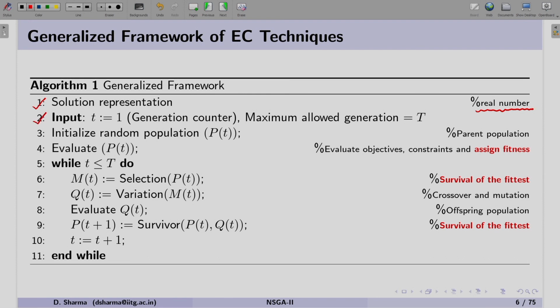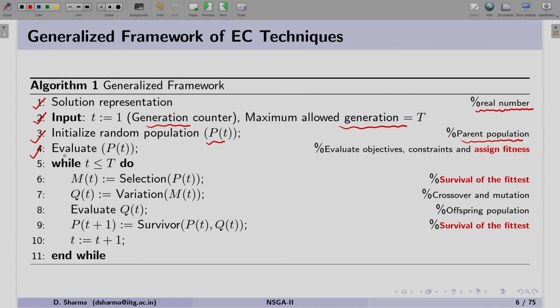In step 2, there are various inputs such as the generation counter, the maximum allowed generation, and other inputs depending on the operators we are going to use. Third, we initialize the random population, and this population we refer to as the parent population. This means the variables x1, x2, x3 are generated randomly within the bounds.